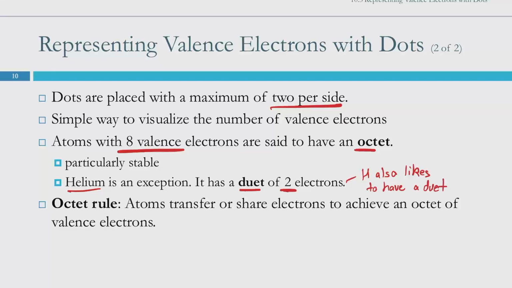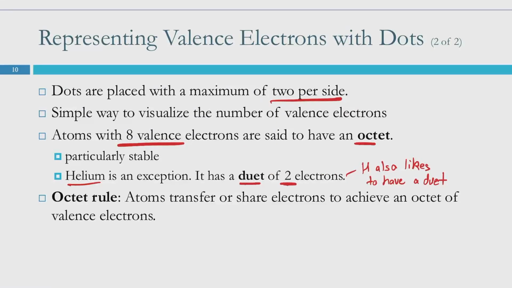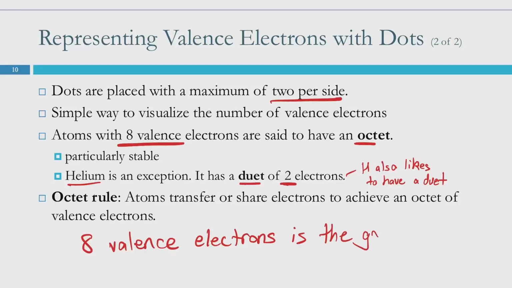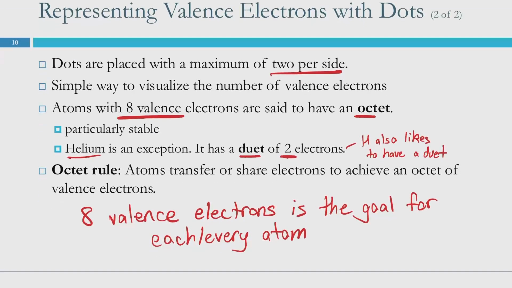So it's happy with just 2 electrons. So generally, 8 valence electrons is the goal for every atom, with the exceptions of hydrogen and helium and lithium.